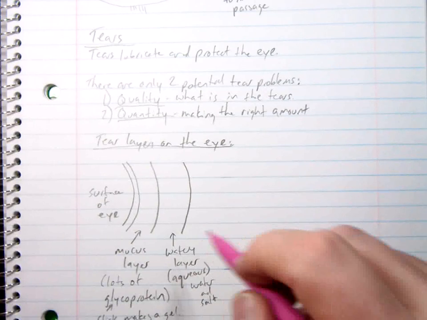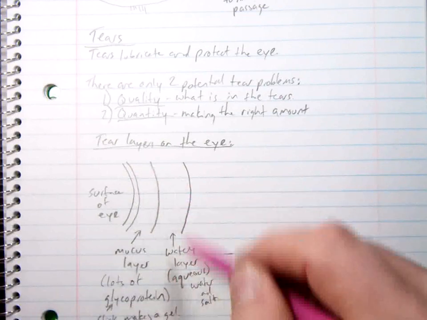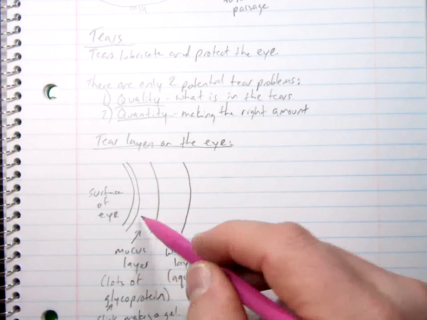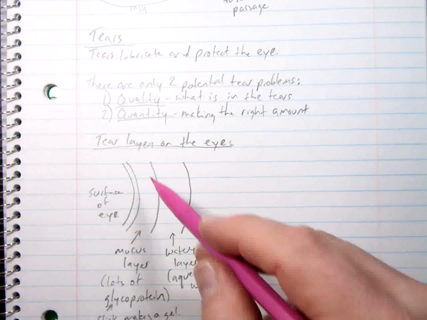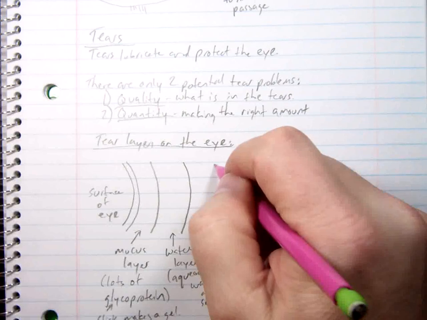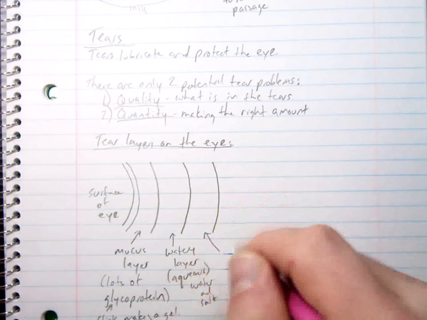Water and salt that matches is primarily what your tears are producing, is the watery layer. The mucus layer is being made by the conjunctiva, as there are special cells in there called goblet cells that make mucus. And then the outermost layer right here is the oil layer.